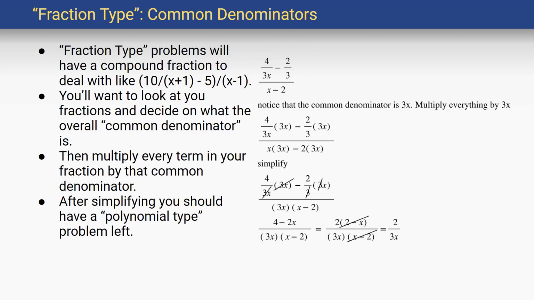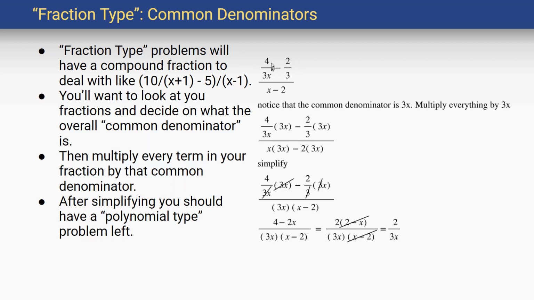So now let's look at the fraction type problems. Now, I've got one here that's typeset a little bit nicer than when it's typed out and not typeset. So look at this example here.